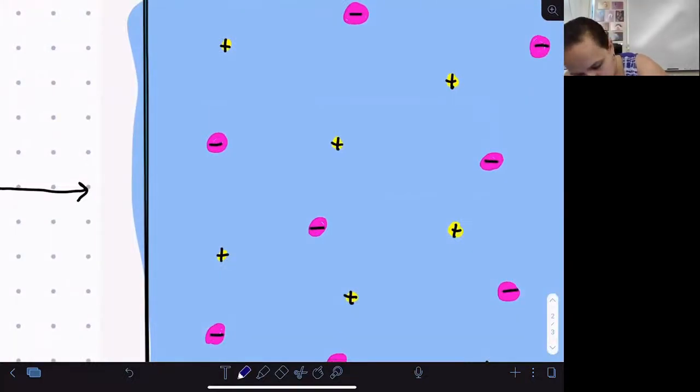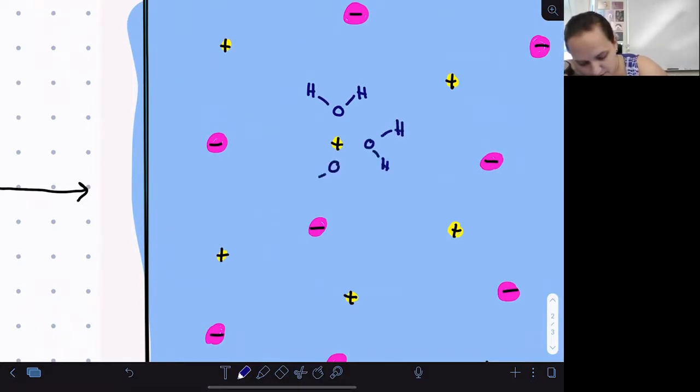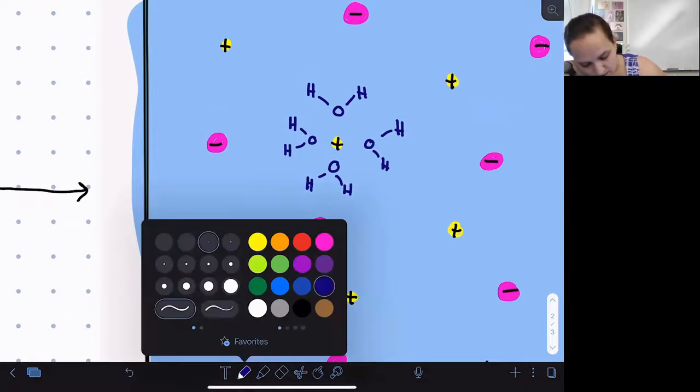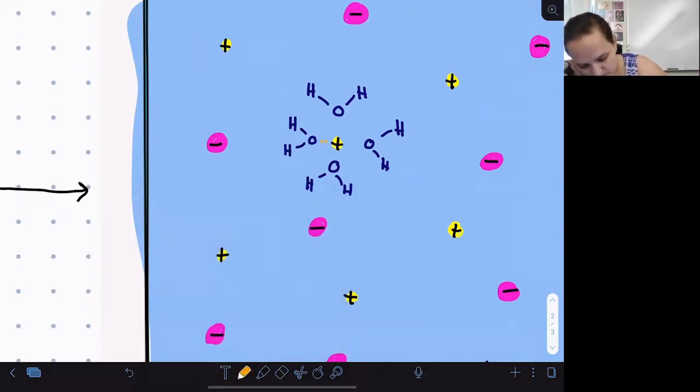So around our cations, we would have water oriented with the oxygen facing towards that positive charge, since the oxygen end is negative. And this would be the case around all of our cations. Just going to illustrate this one to avoid too much crowding.